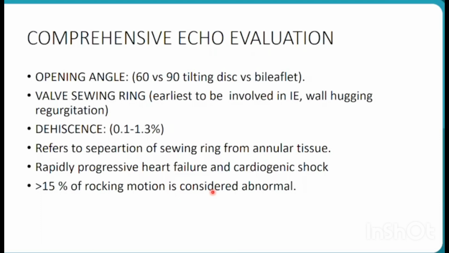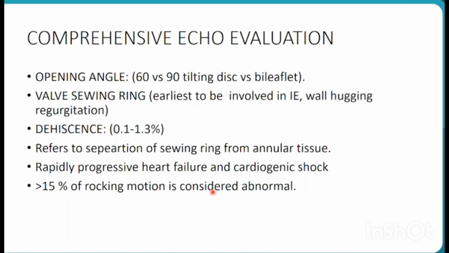The swing ring should be carefully assessed because it is the earliest to be involved in case of infective endocarditis, and more commonly whenever there is dehiscence or separation between the swing ring and the annular tissue, there would be regurgitation, but it would not be so frank because it is a wall hugging type of regurgitation.